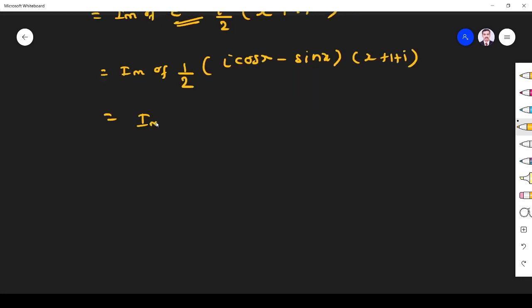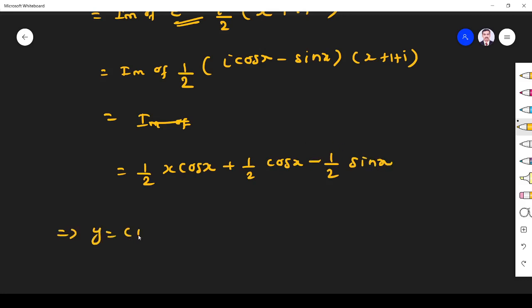What is the imaginary part of this one? This is equal to 1 by 2 x cos x plus 1 by 2 cos x minus 1 by 2 sin x. This is the imaginary part.